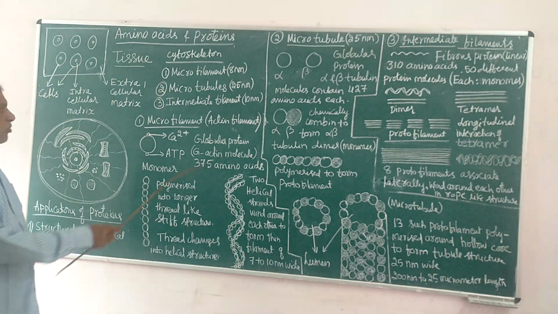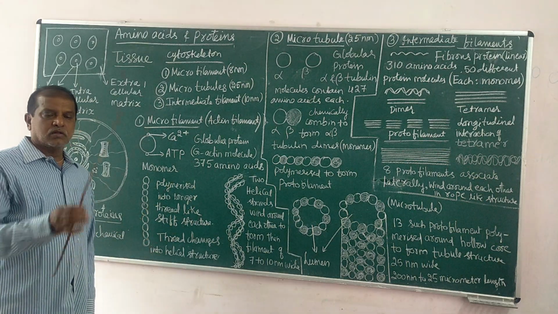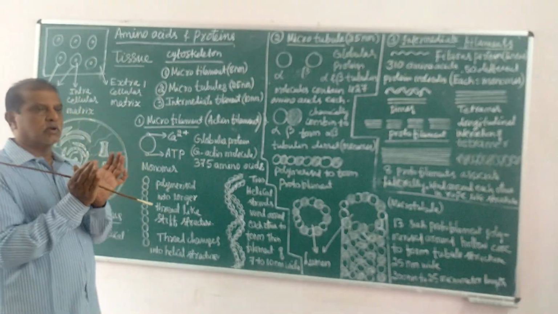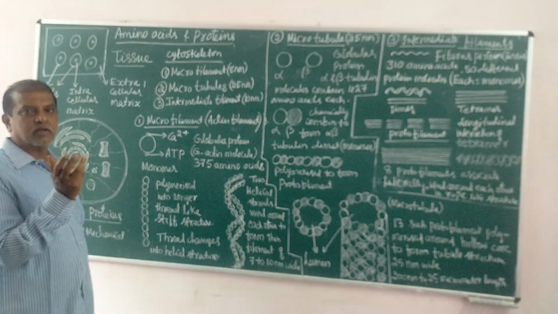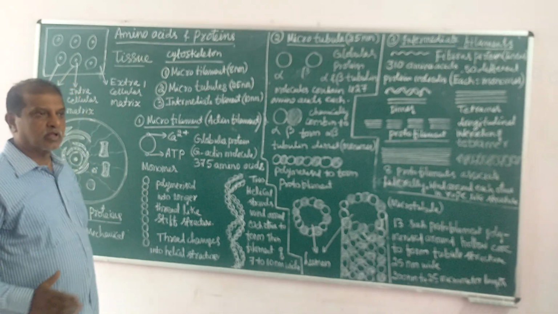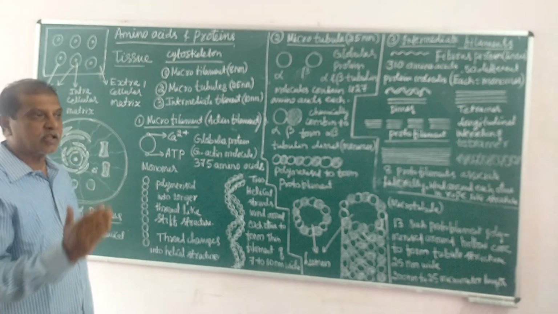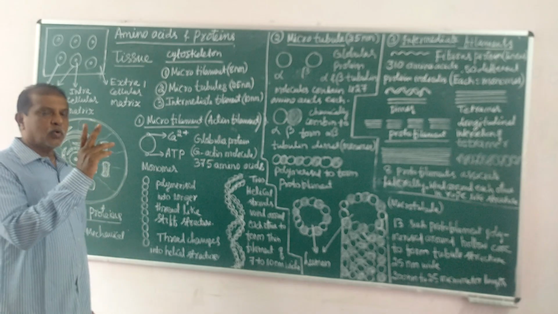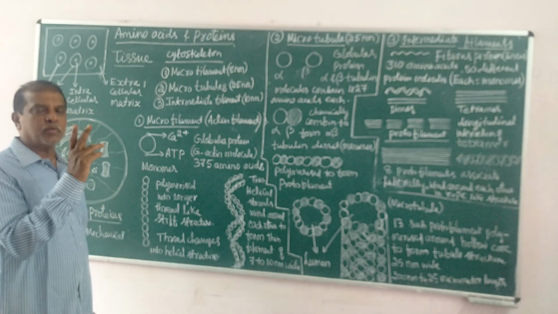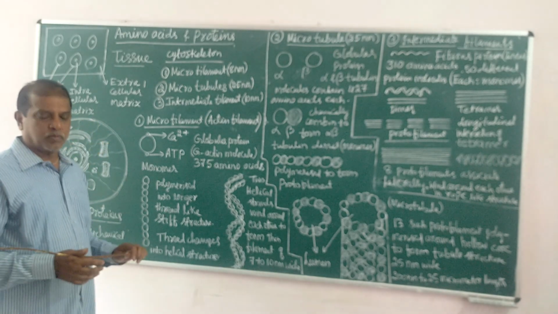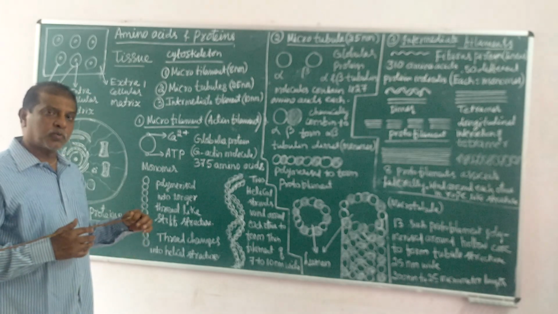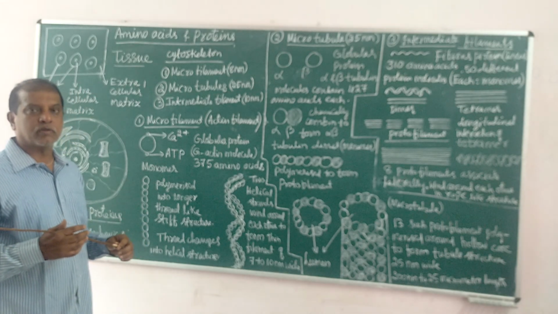Globular means globe-like, spherical, and fibrous means rod-like proteins. So there are only two types of molecular geometry among protein molecules: globular proteins and fibrous proteins.